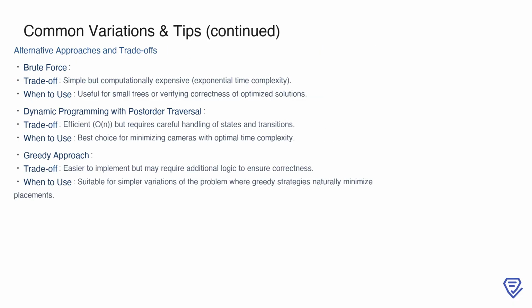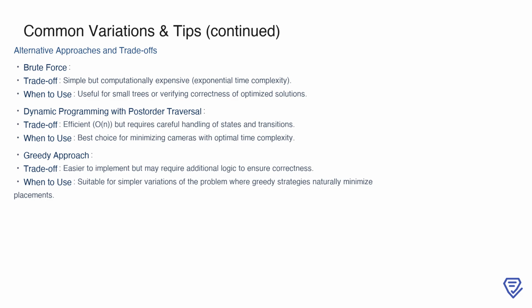Finally, let's compare different approaches to solving this problem and their trade-offs. Brute force is the simplest method conceptually, but its exponential time complexity makes it impractical for larger trees. It's mainly useful for very small trees or as a way to verify the correctness of other solutions. Dynamic programming combined with post-order traversal is the most efficient approach, with a time complexity of O(n).